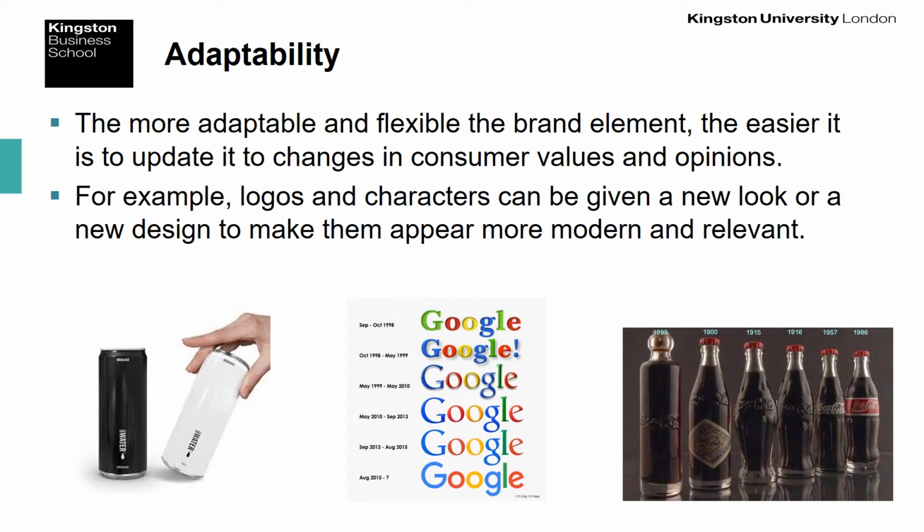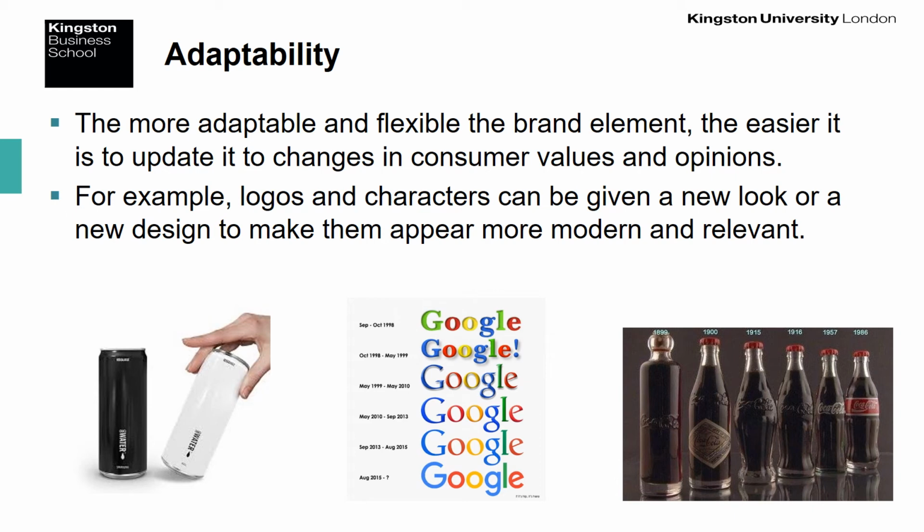They are easier to recycle, they're light, they're tamper-proof, and so this is considered to be a more environmentally friendly way of packaging mineral water than a glass or a plastic bottle. So packaging change to keep up to date with changing values and opinions about the importance of recycling in packaging.